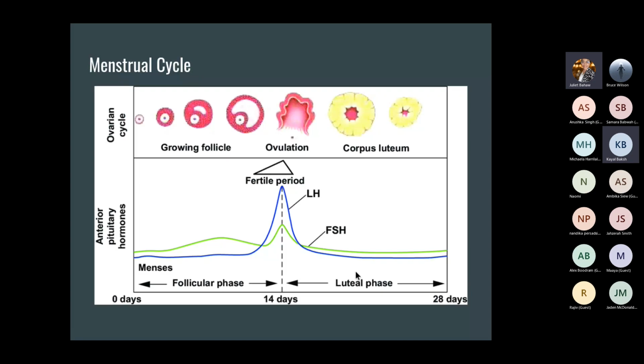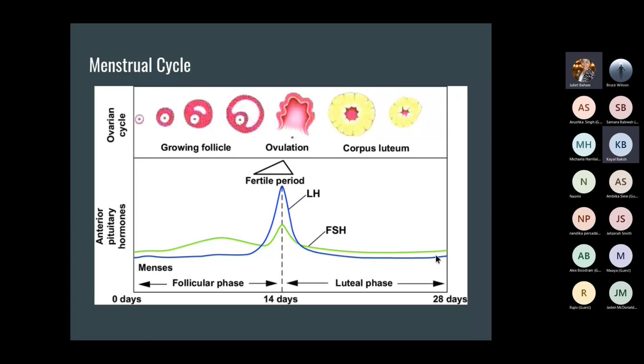The uterus lining remains thick for 14 days until it realizes no fertilization took place, and then the progesterone level goes down because there's no need to maintain that thickness.